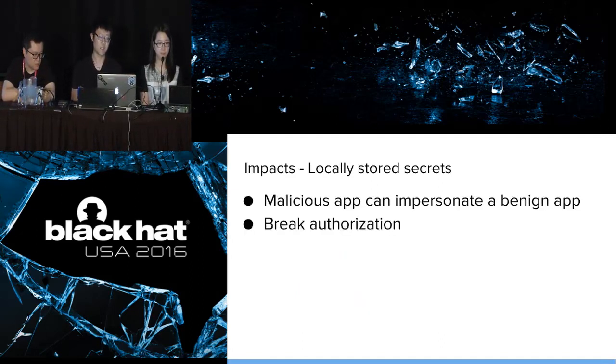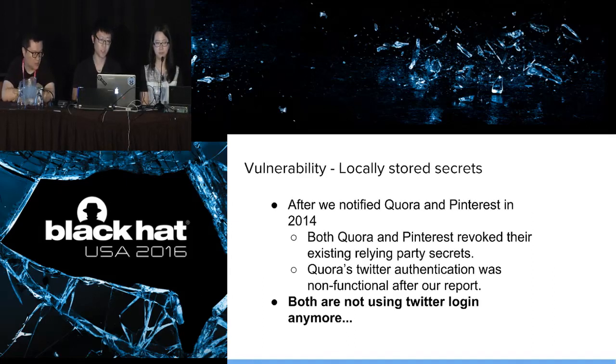So what's the impact? A malicious app can impersonate a legitimate application, and it breaks the OAuth 1 authorization model. When we found this issue, there were two well-known applications impacted: Coral and Pinterest. After we notified these two companies, they both revoked their secrets immediately.